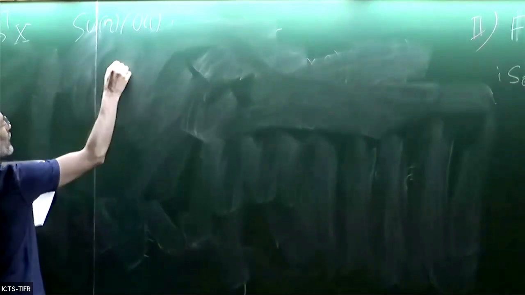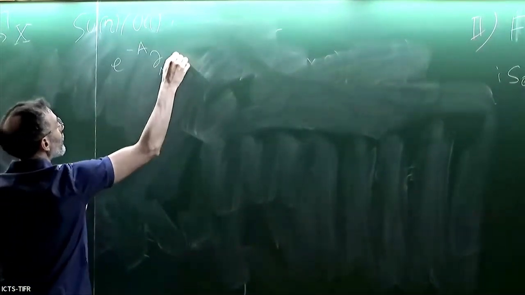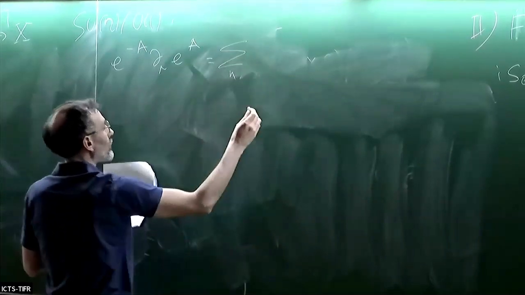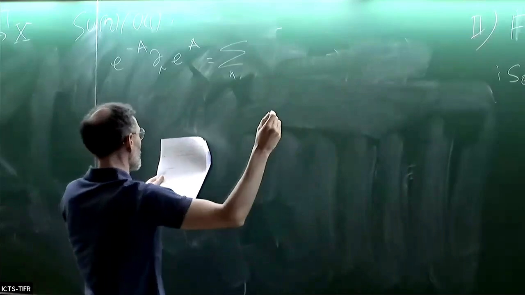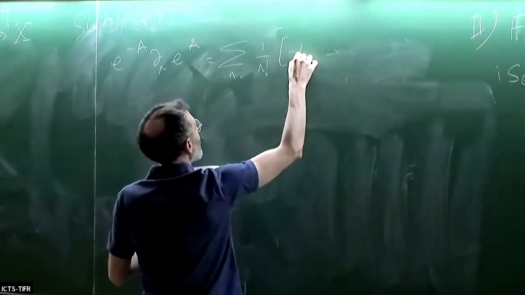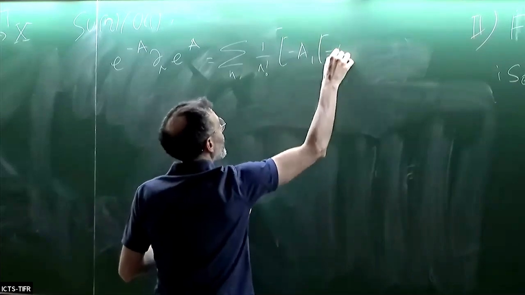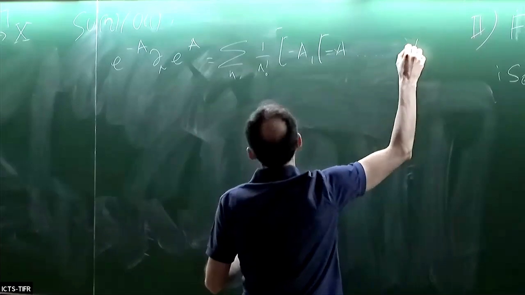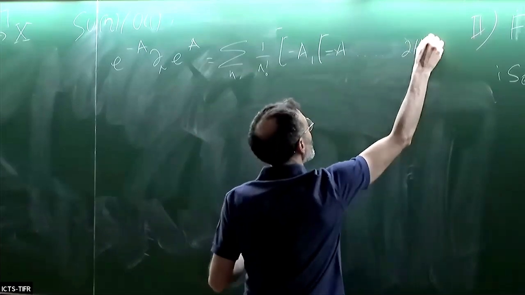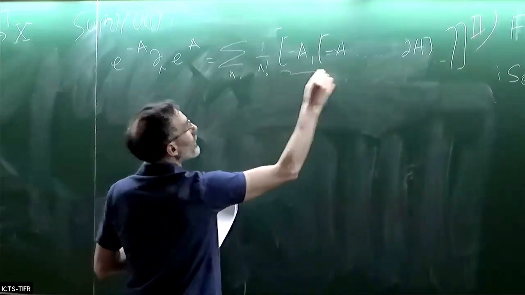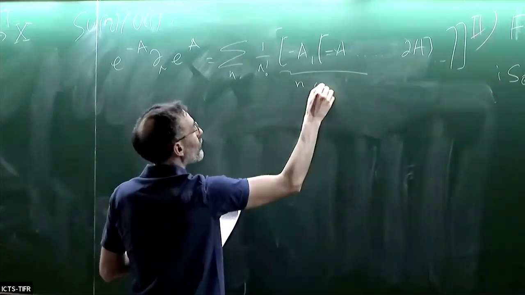With this formula, e to the minus a, partial mu of e to the a, is the sum over n of nested commutators, 1 over n factorial, minus a commuted with partial of a, and as many brackets as we need, because there's n commutators in there.